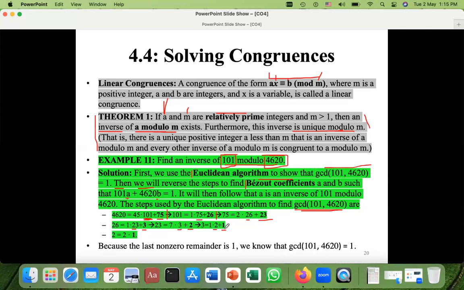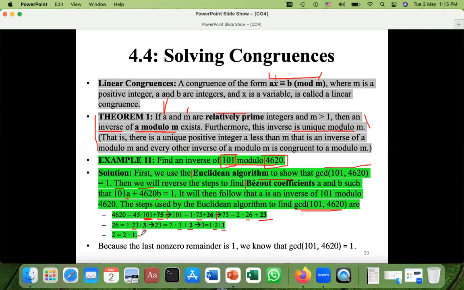So I have to continue this process until the y will become 0. So here y is not 0, so I have to go on. This is my x now. So that is why 2 is equal to, and this is my divisor, 1 multiplied by 2, 2 minus 2.